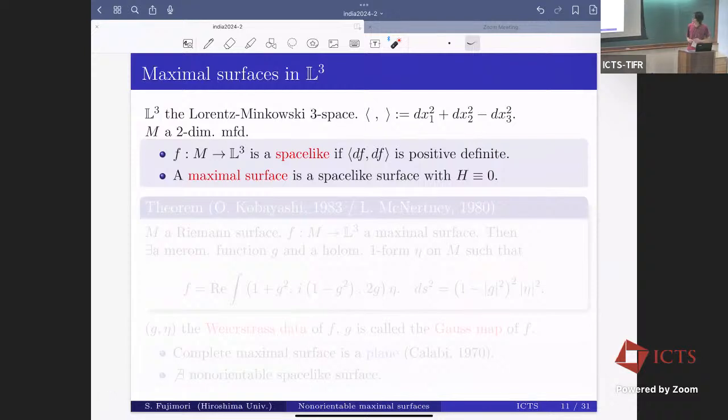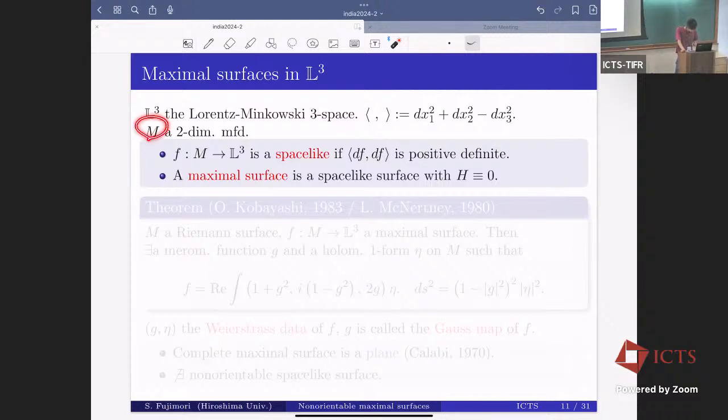And now we switch to the maximal surface case. As I introduced yesterday, let L3 be the Lorentz-Minkowski 3-space, and the inner product is this. This is an indefinite inner product, but a non-degenerate, symmetric bilinear form.